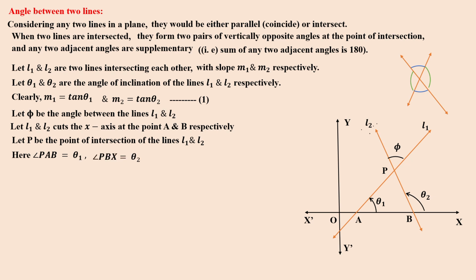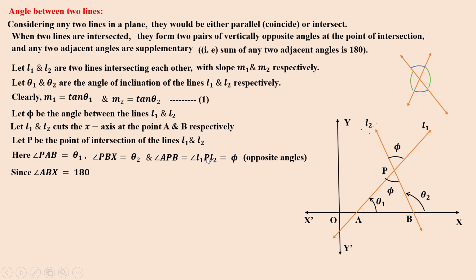And PBX is theta 2, right? Angle of inclination, that is given. And angle APB is equal to angle L1 P L2, right? So vertically opposite pair of angles, that is equal to phi.